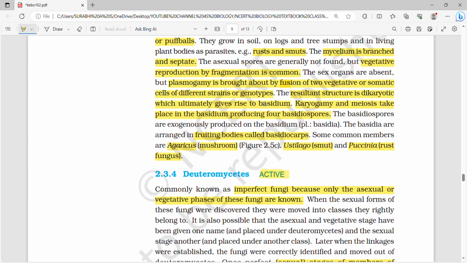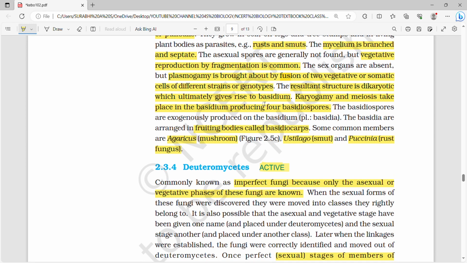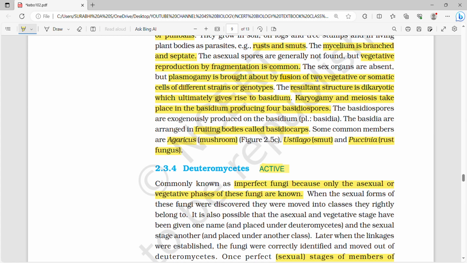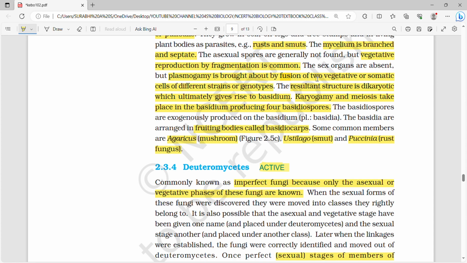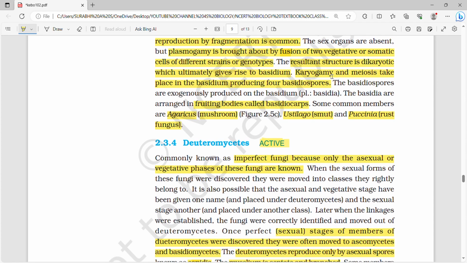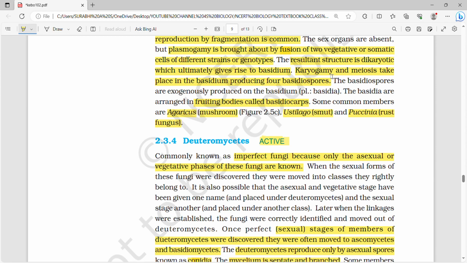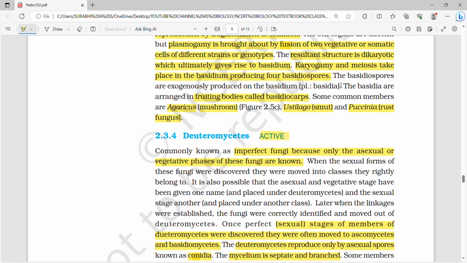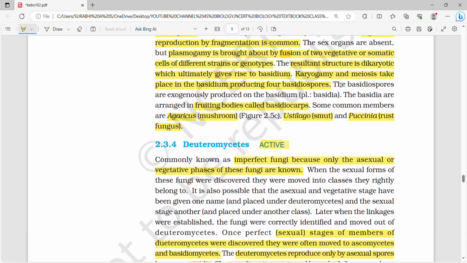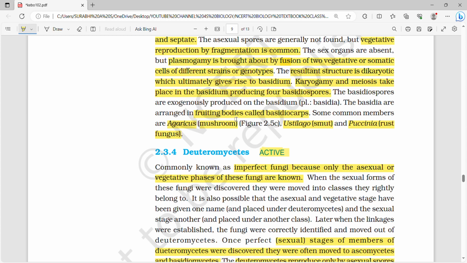Asexual spores are not generally found, but plasmogamy is brought about by the fusion of two vegetative or somatic cells of different strains or genotypes. The resultant structure is dikaryotic, which ultimately gives rise to the basidium. Karyogamy and meiosis take place in the basidium. It produces four basidiospores, and the fruiting bodies are called basidiocarps.